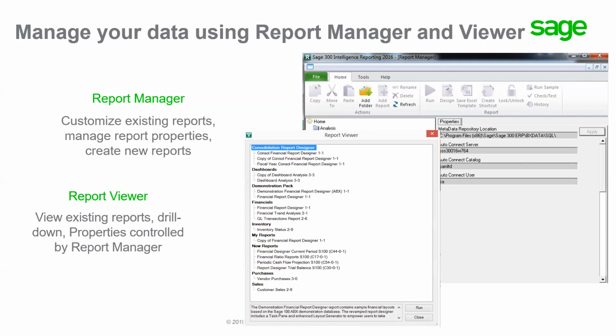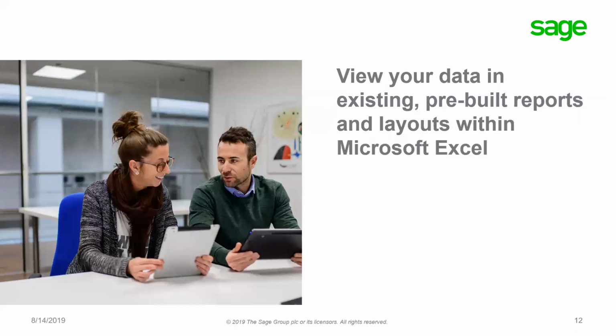Give them the chance to run the report and drill down into supporting data. They don't have to be able to run all of the reports. Maybe you want to keep some reports from them, not enable them to run them. But this enables certain people to run certain reports, those that you need to control. So that's Report Manager and Report Viewer.